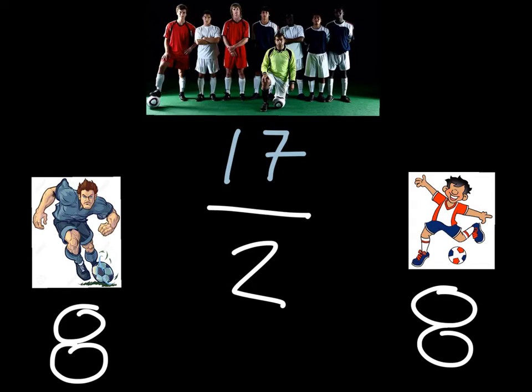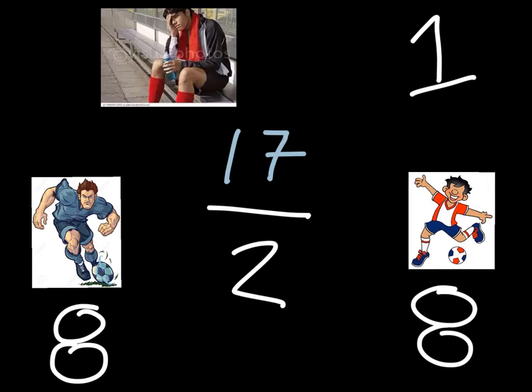But then you're left with a total of 16 players. You have 1 left over. That means that you have 1 player left to substitute, which means that that player is just going to be on the bench until somebody is ready to swap off for it. So that's the idea behind a remainder in this particular case.